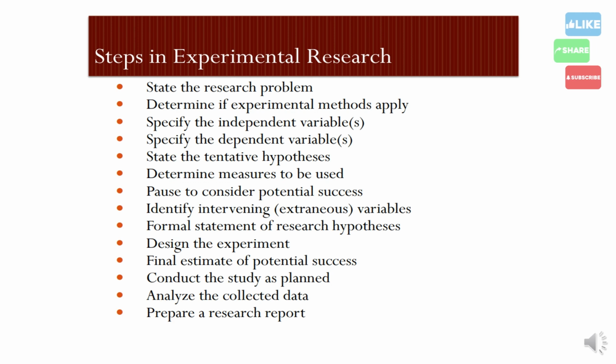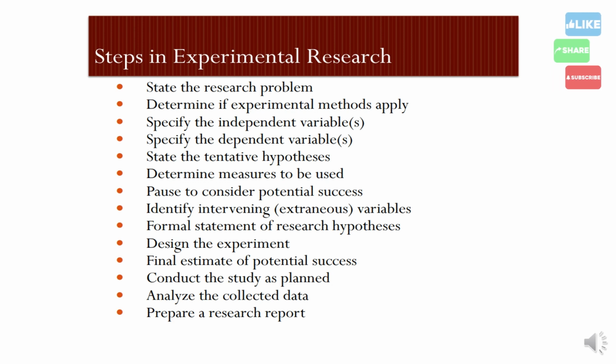There are some steps in experimental research, like state the research problem, determine if the experimental method applies or not, specify the dependent variable and specify the independent variable as well, state the tentative hypothesis, and what are the determinants that measure when you use it.